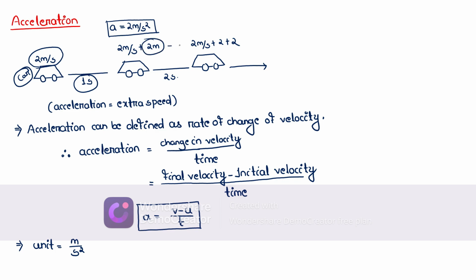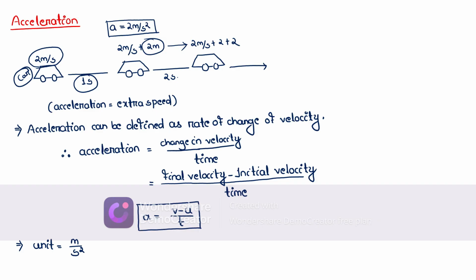Again you are giving extra speed, which means there is acceleration. You can say accelerate the car, accelerate the bike, accelerate the scooter. So you are giving extra speed to that particular vehicle.